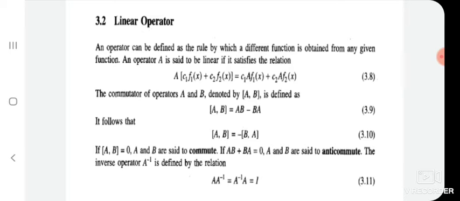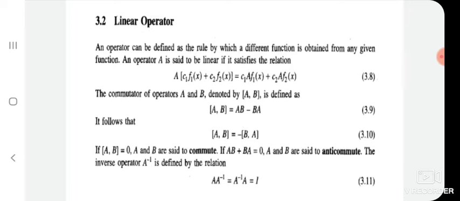The commutator of operators A and B is denoted by square bracket A, B, and it is defined as [A,B] = AB minus BA, or [A,B] = minus [B,A].